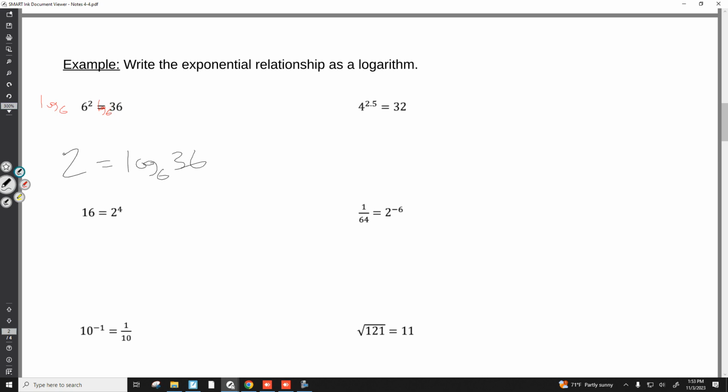Or, more importantly, the log base 6 of 6 squared is 2. This is a very, very important statement right here. If logs undo bases of exponents, then the log base whatever of that thing to a number will just be the number.